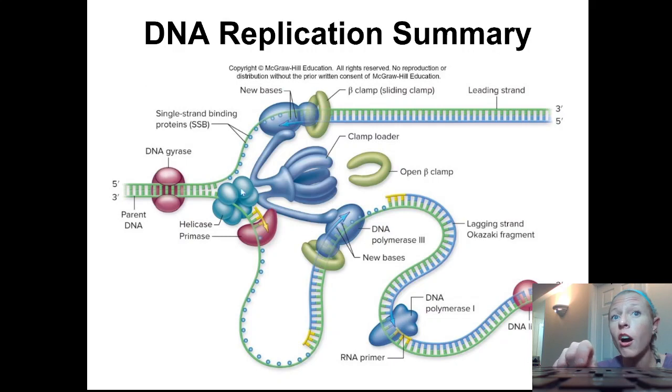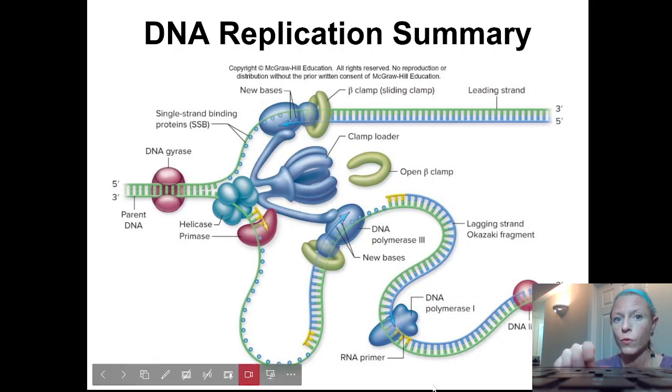But on the lagging strand, we are going to have primase adding our RNA primers, and then DNA polymerase 3 synthesizing this new strand of DNA, which is in blue here, your RNA primers in yellow here. And then you are going to create these fragments that we call Okazaki fragments. And within those fragments, DNA polymerase 1 is going to come around and replace your RNA primers with DNA. And then DNA ligase is going to seal and glue all of your Okazaki fragments together.